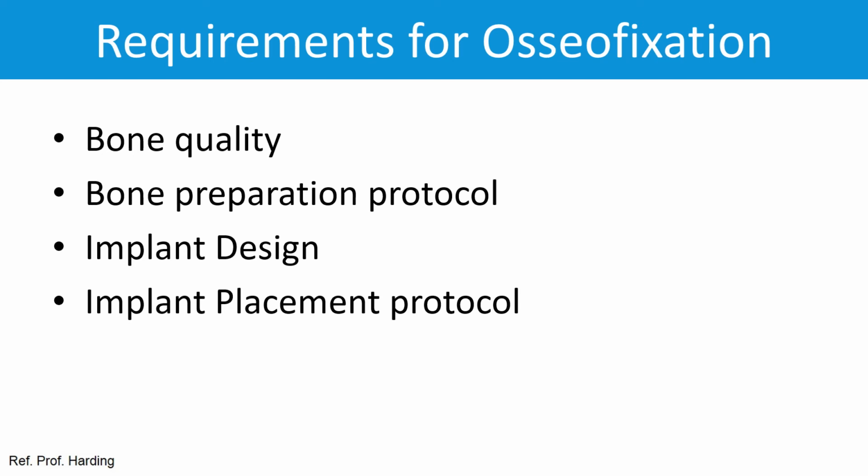That's not to mean that these are bad designs. It may well be that in a delayed type of protocol they work perfectly well, they deliver enough primary fixation for a delayed protocol, but these implant designs will not deliver sufficient primary fixation for early functional loading.